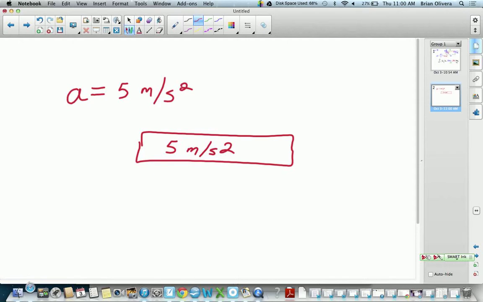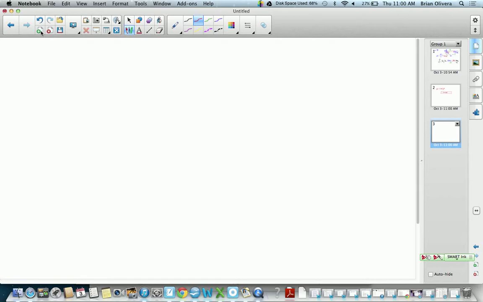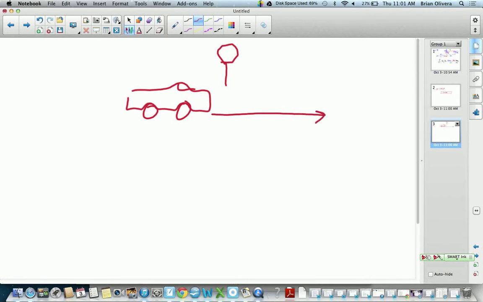Now, the only other scenario that you're going to have in this quiz is if the quiz doesn't give you the initial or final speed. But let's say you have a car, and I tell you that the car reaches a speed, this car is at a stop sign, okay, and it reaches a speed of 25 miles per hour, and it takes, say, 4 seconds to reach that speed.